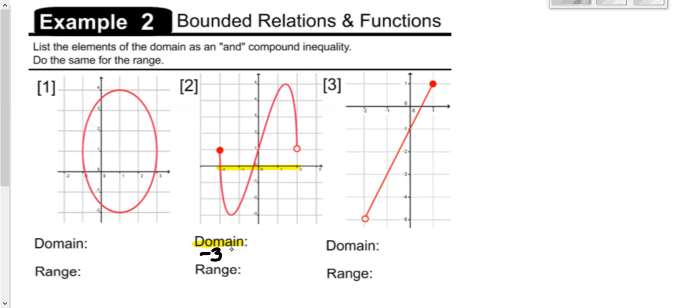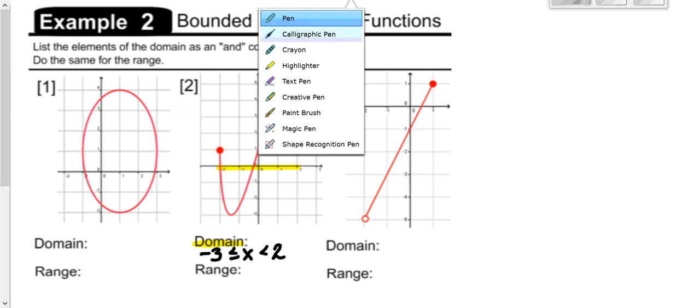So -3 is less than or equal to all my x values, and all my x values are less than 2. So you can see I have a less than or equal to symbol because I have a closed circle here. So this value is included in my function. But here I have an open circle, so I just have a less than symbol, not an equal to symbol, to represent that all my x values have to be less than the value 2 and cannot be equal to 2.